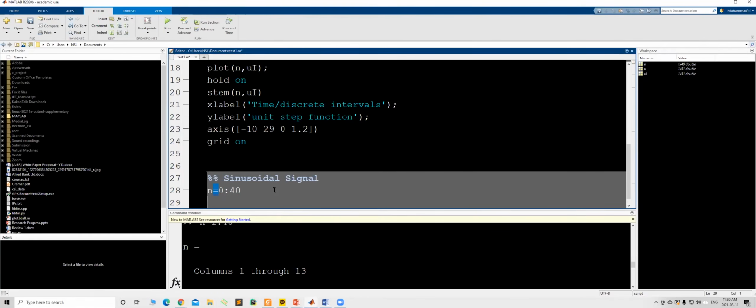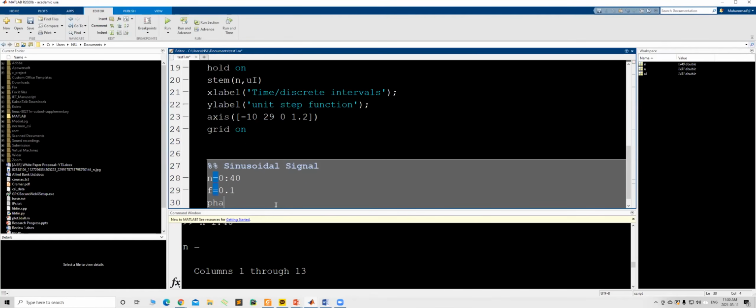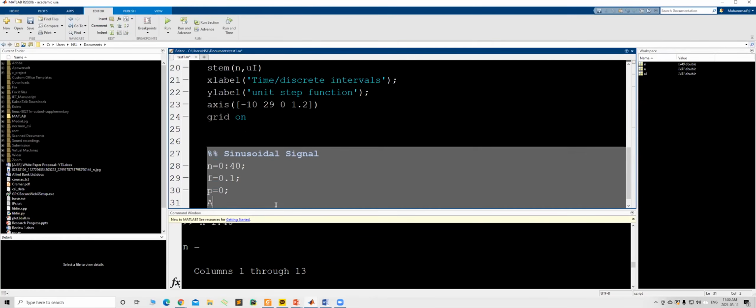And then let's say my frequency is very low, it is 0.1 hertz, right? So my frequency is this one. And let's say I don't have any phase shift. So let's say my P is equal to 0. I will put the semicolon because I don't want to see my values when I'm running it. And then let's say my amplitude is equal to 1.5.